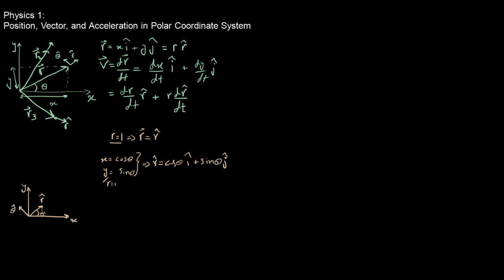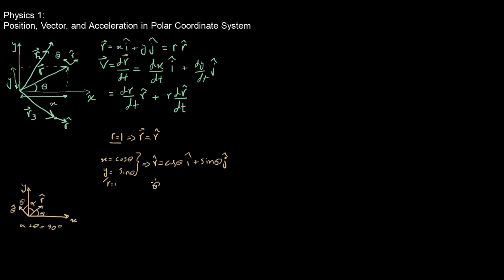Now, see, this is theta. Let's say this is alpha. And I know alpha plus theta is equal to 90 degrees. Now, theta hat and r hat are orthogonal. Therefore, this has to be theta, because then theta and alpha become 90 degrees. So now, using that, I can write theta hat.